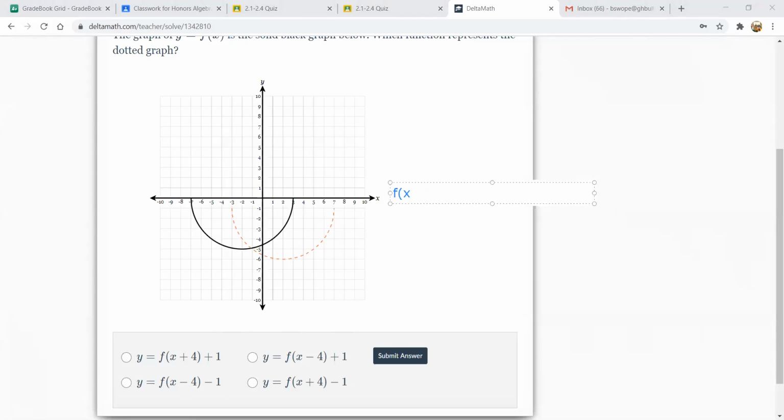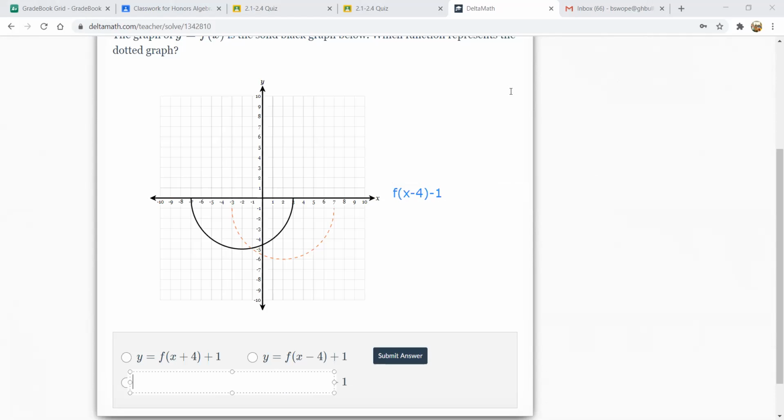Remember, to go right, it's kind of opposite. So that would be -4. That means go right 4. If you have a minus on the inside, that means go right. And then to go down 1, you put a minus on the outside of your parentheses. So looking at these choices, it would be the third choice.